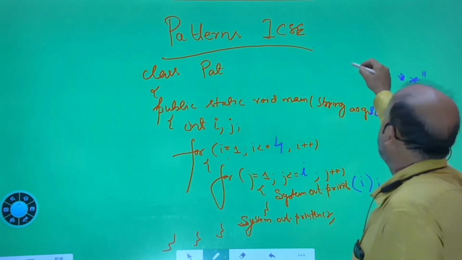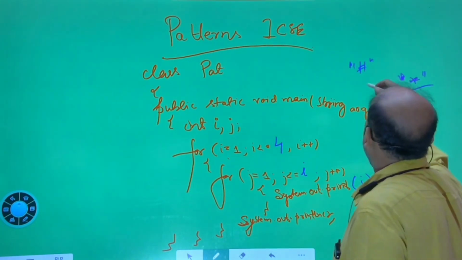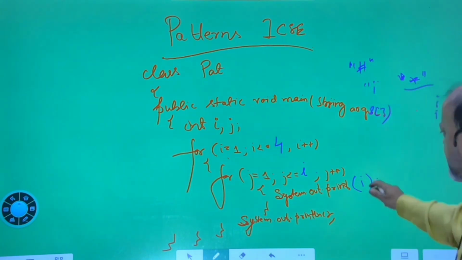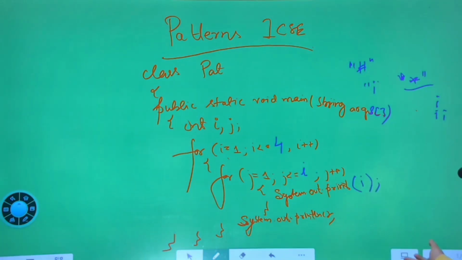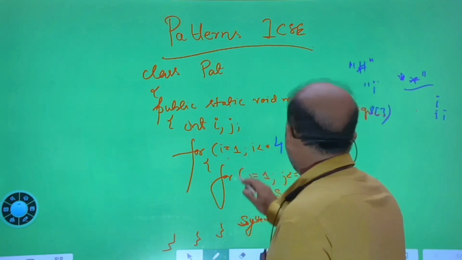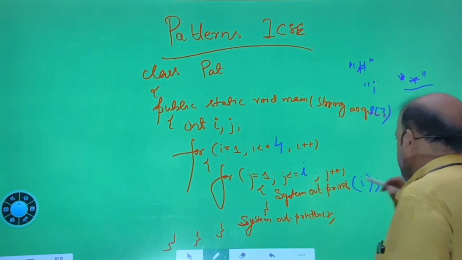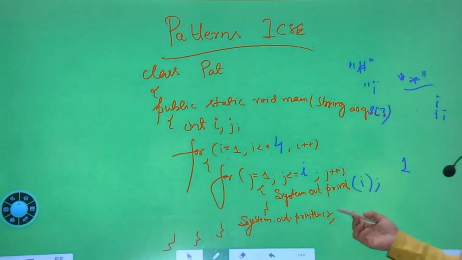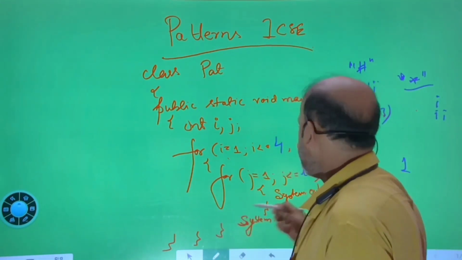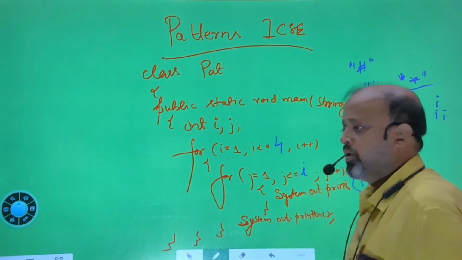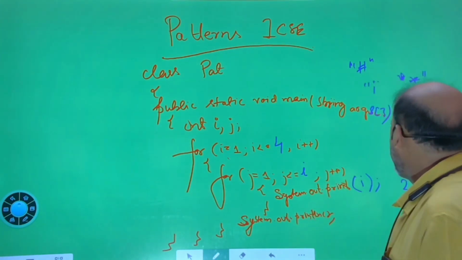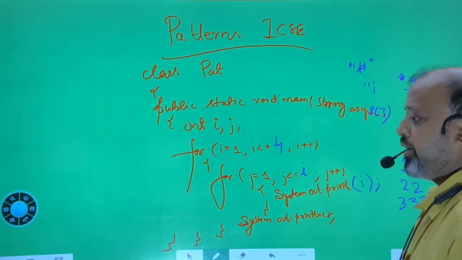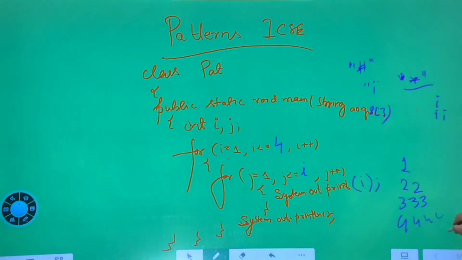If you give star, if you give hash, and if you give even i, then you will get i, i, like this. But here it is not in double quotes. It is outside the double quotes. So how is it working? When i is 1, one time the value of i is 1, line change. When i is 2, 2 times what? Value of i is 2. So you will be getting 2, 2. Then when i is 3, you will be getting 3, 3, 3. When i is 4, you will be getting 4, 4, 4, 4.